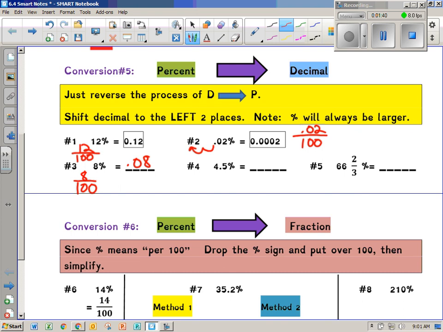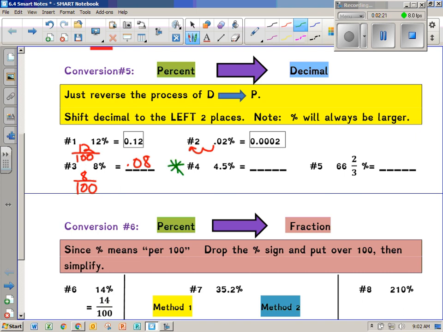It's easiest just to shift, but just to show why it works, if I multiplied the top by 100 and the bottom by 100, you can see that I would end up getting 2 over 10,000, which is what this decimal represents. It's 2 and it's in the 10,000ths place. But there's really no need to think about all of that when you can just shift the decimal. It's like you're dividing now by 100.